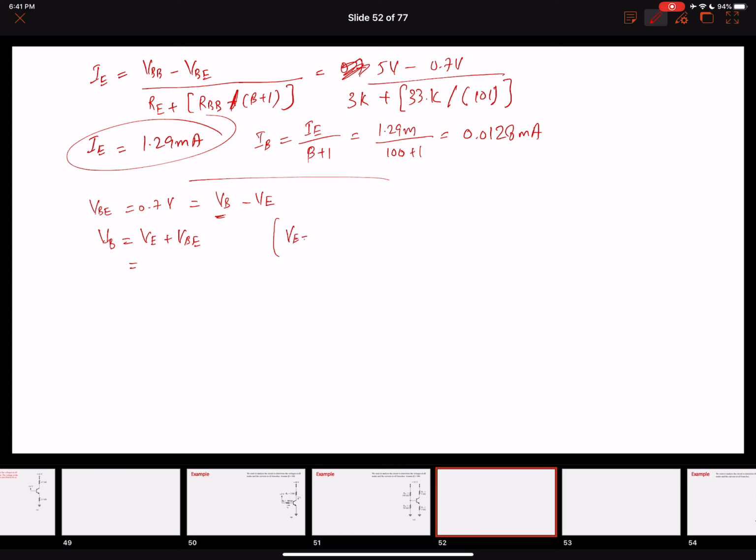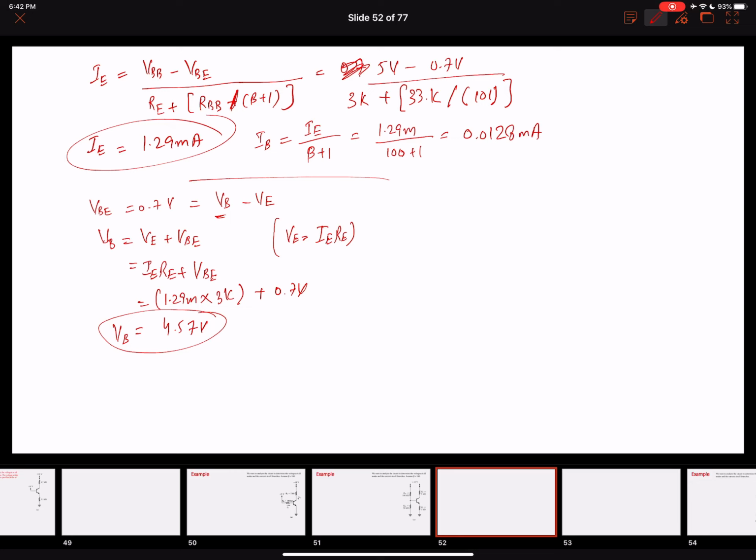So VE equals IE RE. So VB equals IE RE plus VBE. The value of IE is 1.29 milliamperes, the resistance RE is 3 kilo ohms, plus the value of VBE is 0.7 volts. Once we write down all of these values, it comes out to be 4.57 volts. So this is the base terminal voltage that we ended up finding.